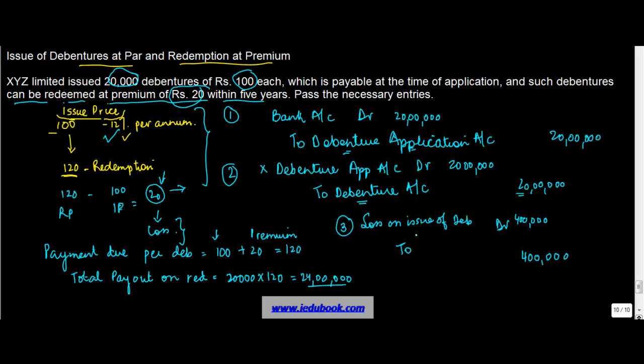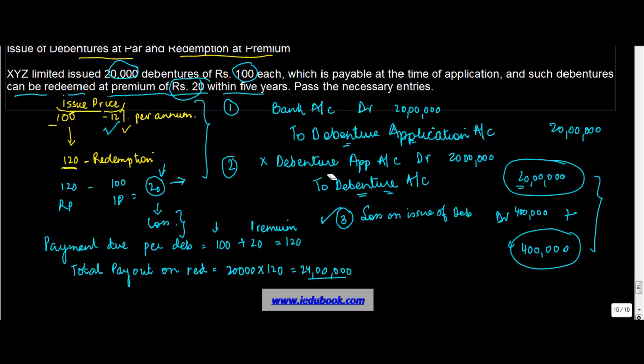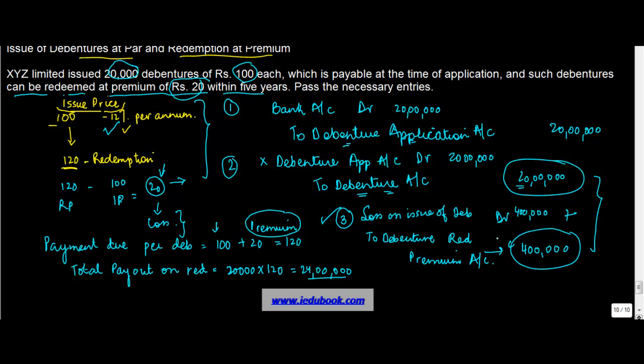Because as you issued these debentures, immediately you incurred a loss of 20 into 20,000, or 4 lakh. And given that this liability is on account of the premium, I credit it to an account called debenture redemption premium account, 4 lakh. So the total money which I have to pay at the time of redemption of debentures is 24 lakh.